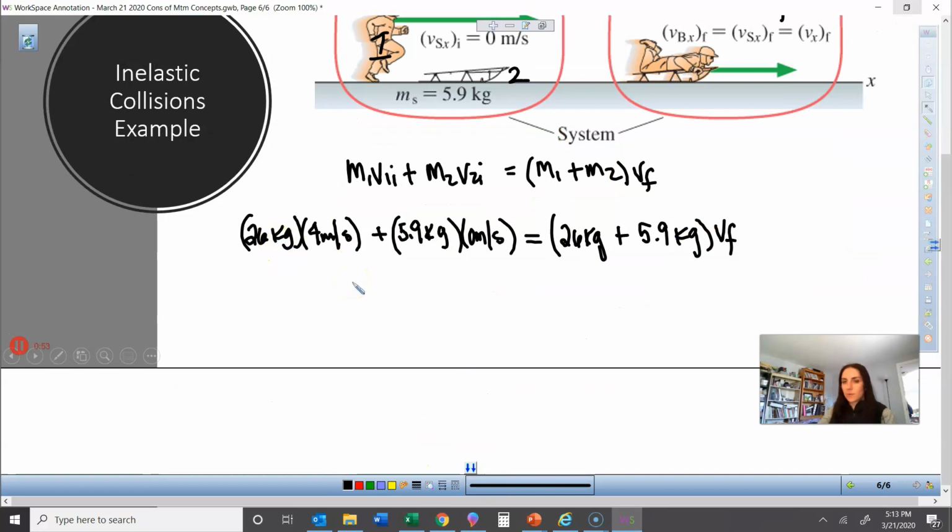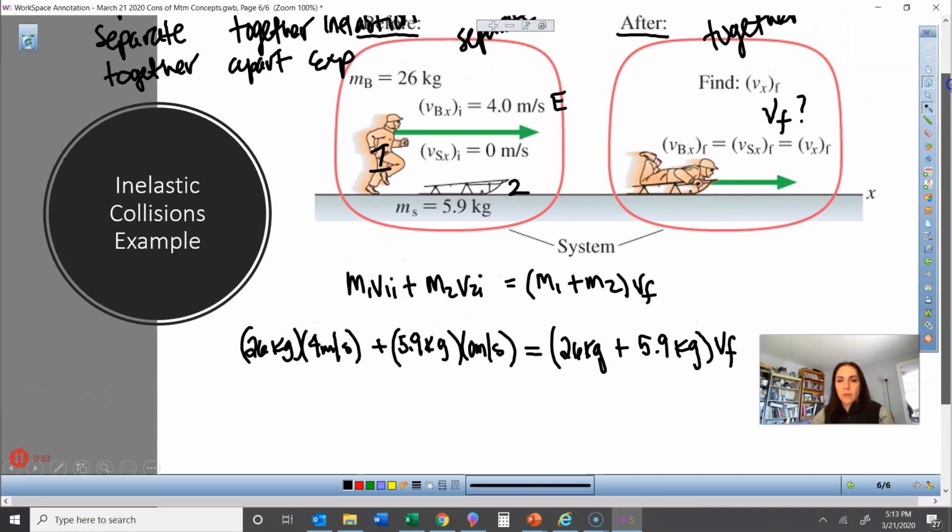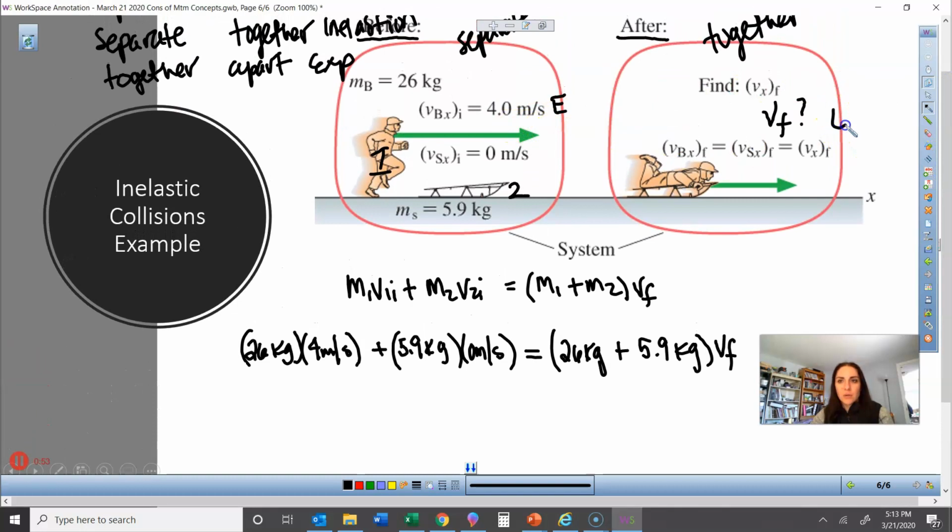Okay, so as you can see, it's pretty much set up, and now this is the physics, and now the algebra is just going through it. A really important fact that I did without really mentioning is, notice that these are all going in the same direction, east. So east is a positive number, so I'm just going to put the positives right here.